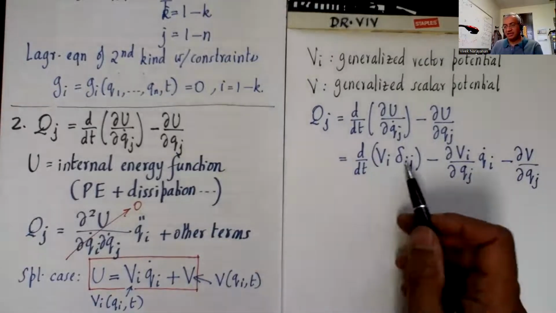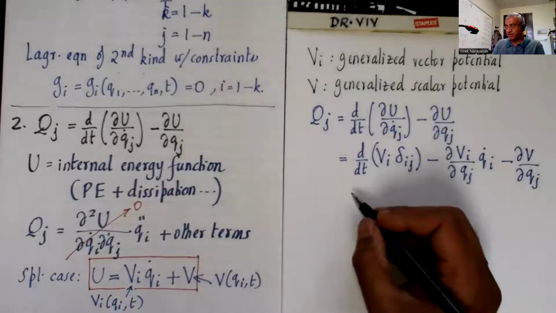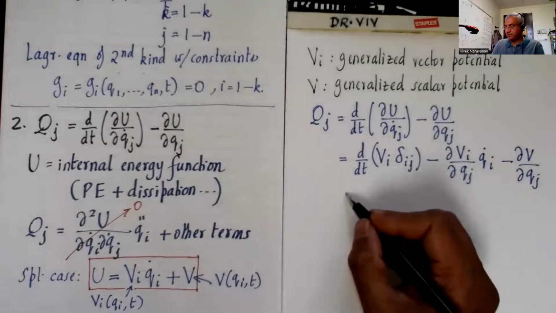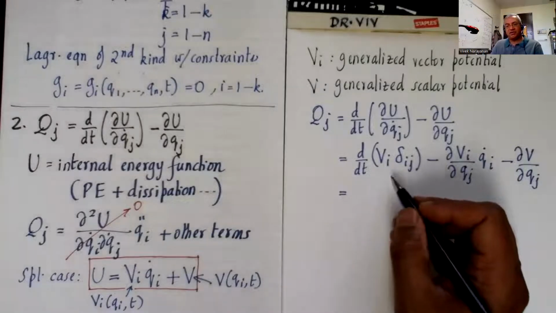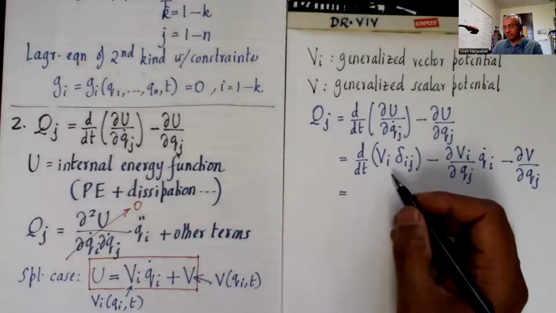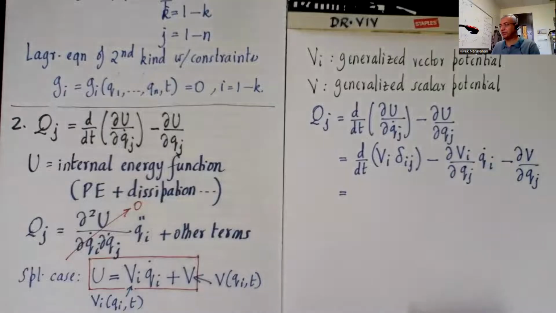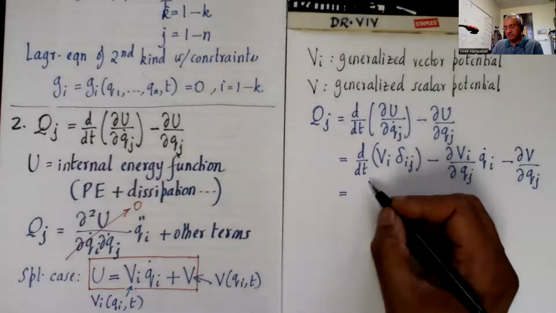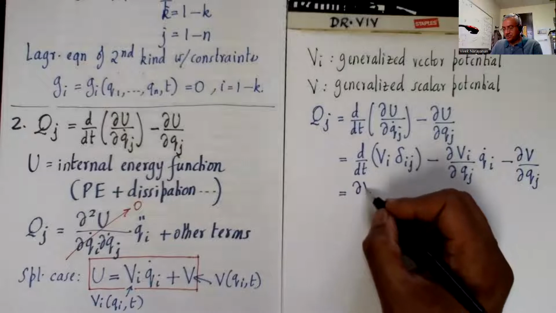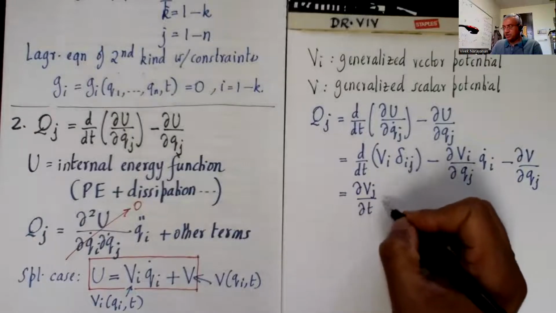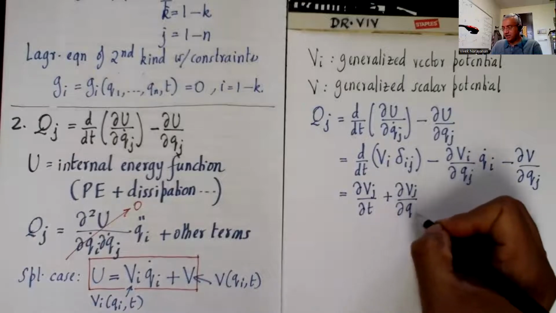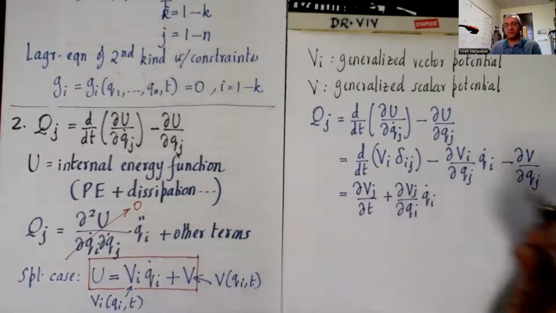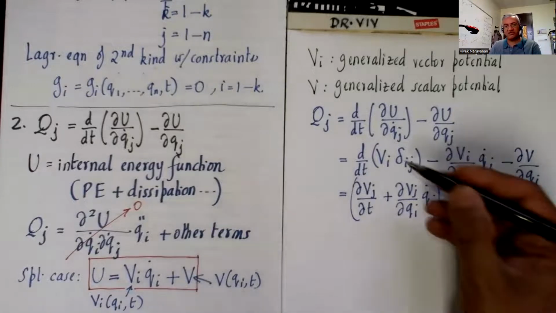Now I'll apply the Kronecker delta ij. That gives me d by dt of Vj, because when i is not equal to j, this vanishes. Now d by dt of Vj can be written as del Vj by del t plus del Vj by del qi, qi dot.